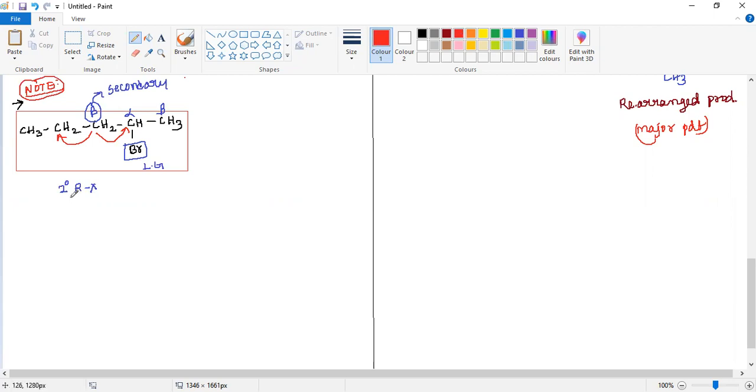Okay. What am I saying? This compound belongs to a secondary alkyl halide whose beta carbon is secondary. If you have such a compound, what can it give? It can give both SN1 and SN2.